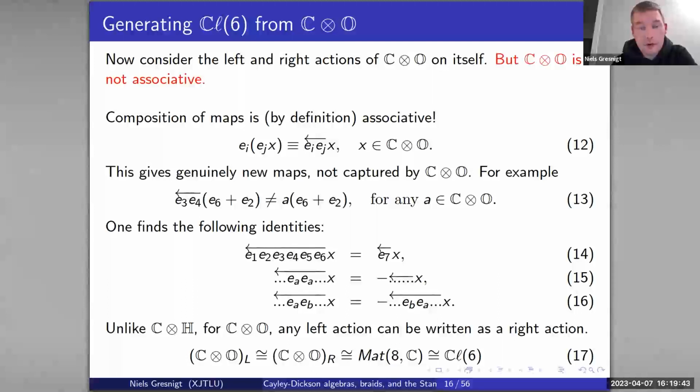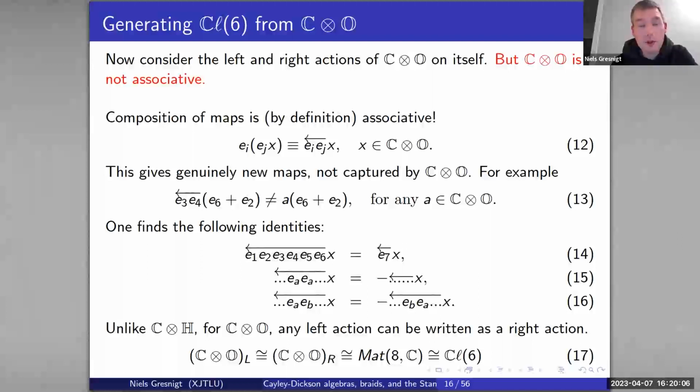So here I'm going to borrow Nicole Furey's notation and put a little arrow over any product, which just means that we're going to multiply in equation 12 here. First, we multiply the octonion X by EJ, and then we multiply by EI. So in this way, the order of multiplication is always well defined.